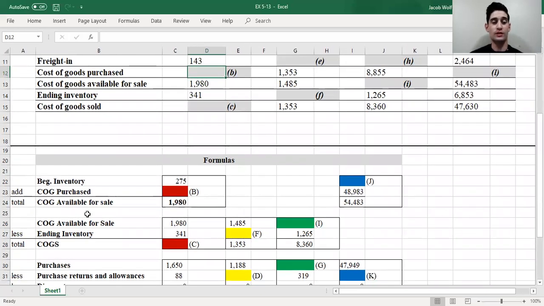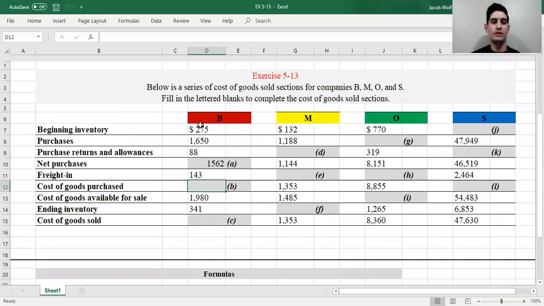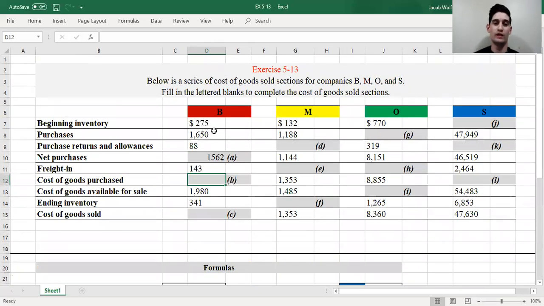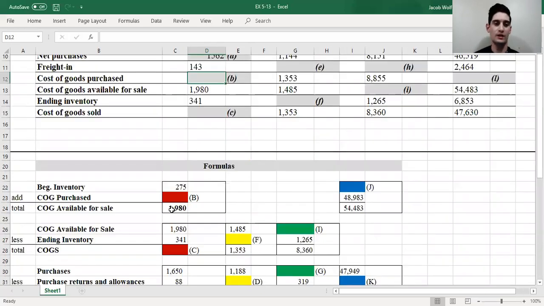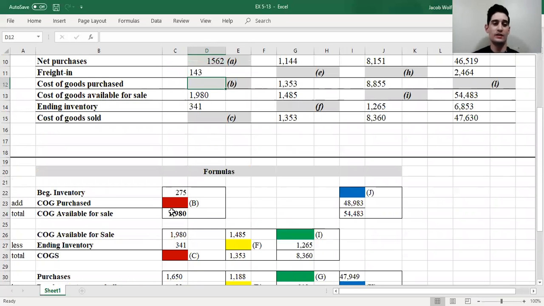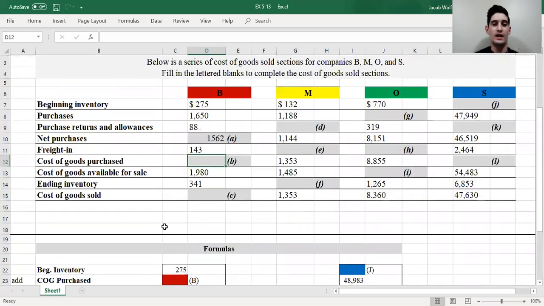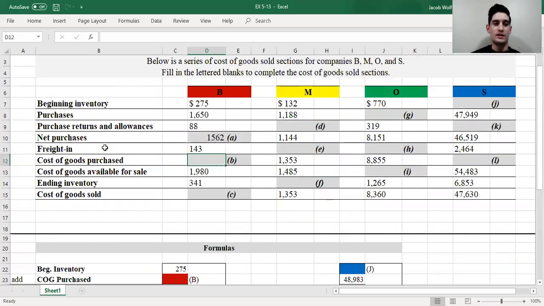This also has cost of goods purchased. We start with the beginning inventory, which for company B is 275. I put that in there. And then I have a cost of goods available for sale of 1,980, which was given to us.